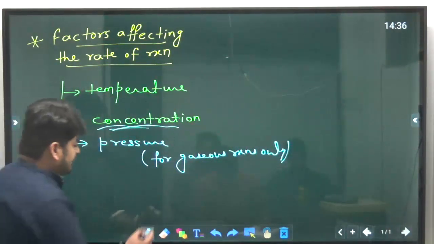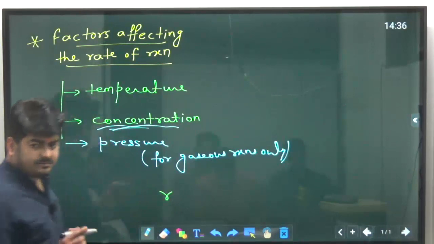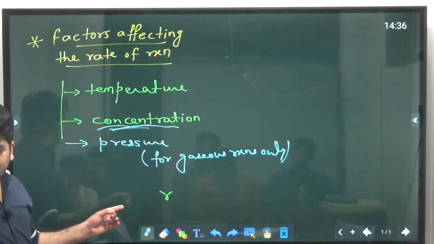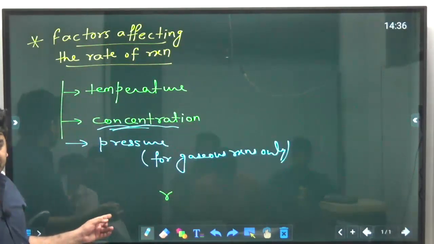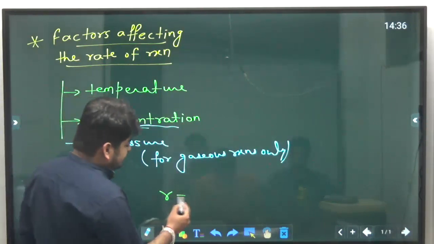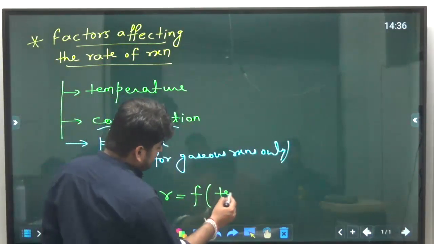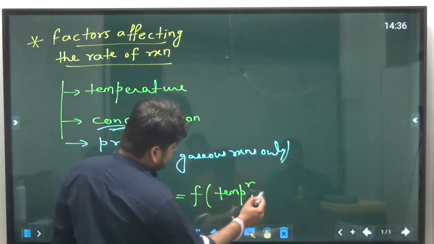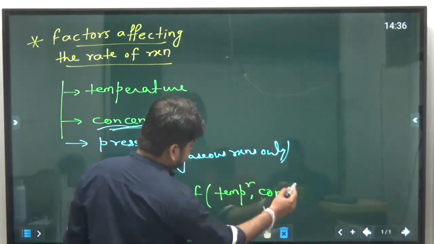So here I can simply say that rate of reaction, Ri upon mod of nu i, I am talking about the rate of reaction, is a function of temperature and concentration.